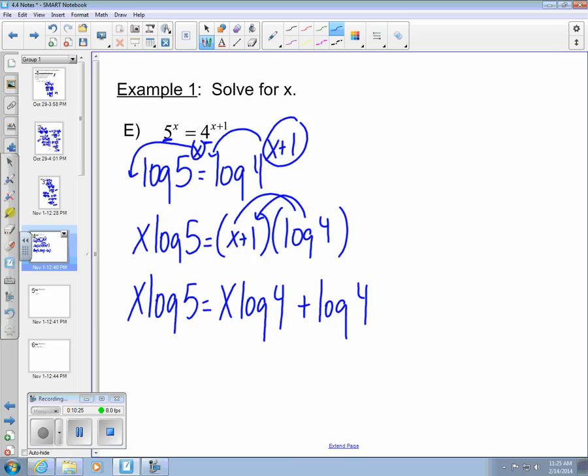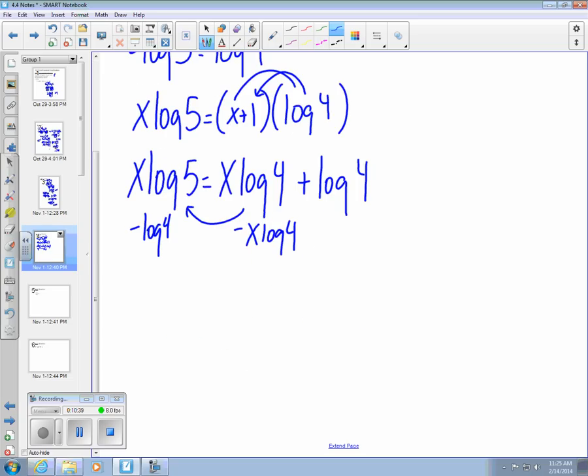So what we're really going to do here is we have an x value on this side, so we're going to bring that over. So we're going to subtract an x log base 10 of 4. So rewriting this, we have x log base 10 of 5 minus x log base 10 of 4 is equal to our log base 10 of 4.